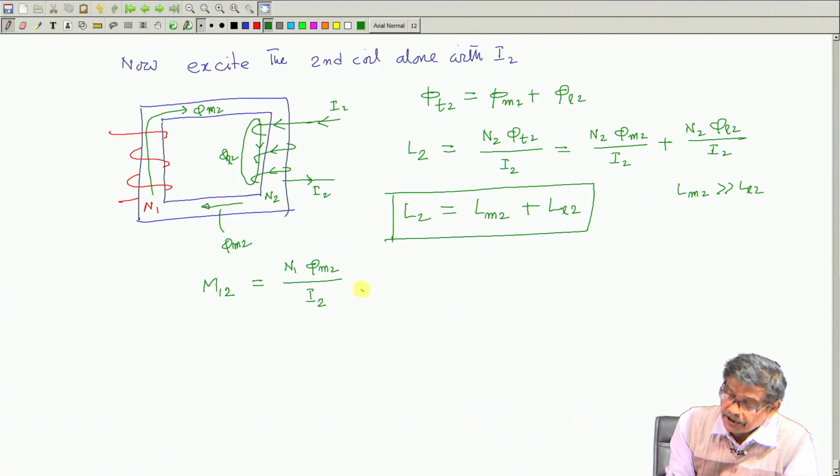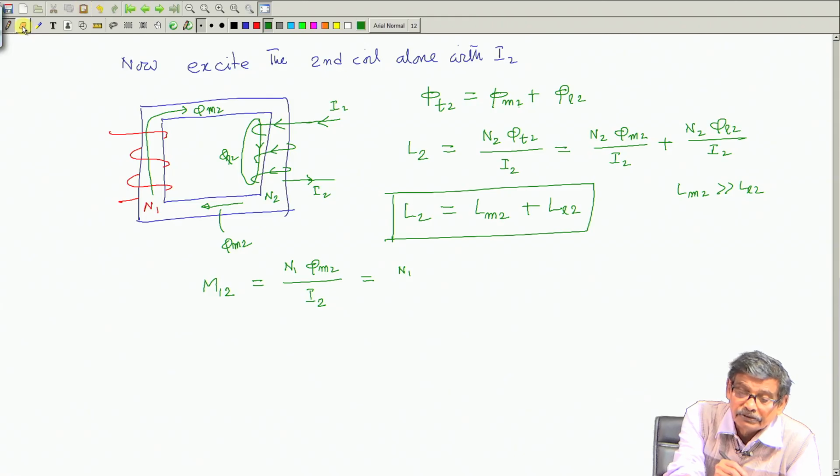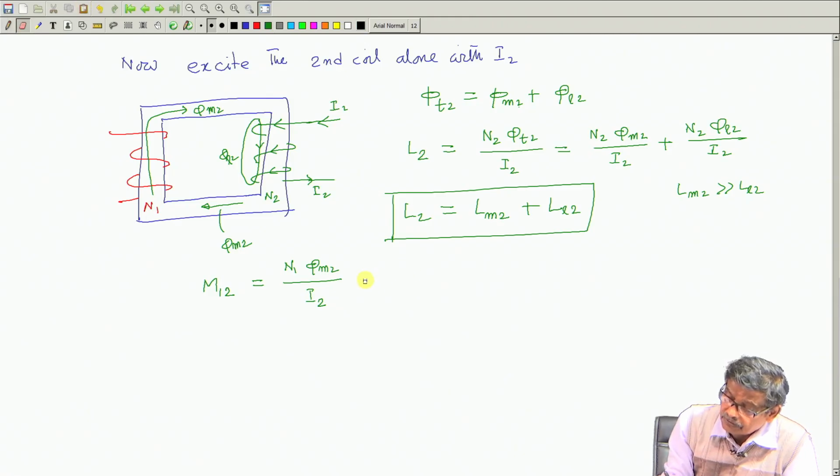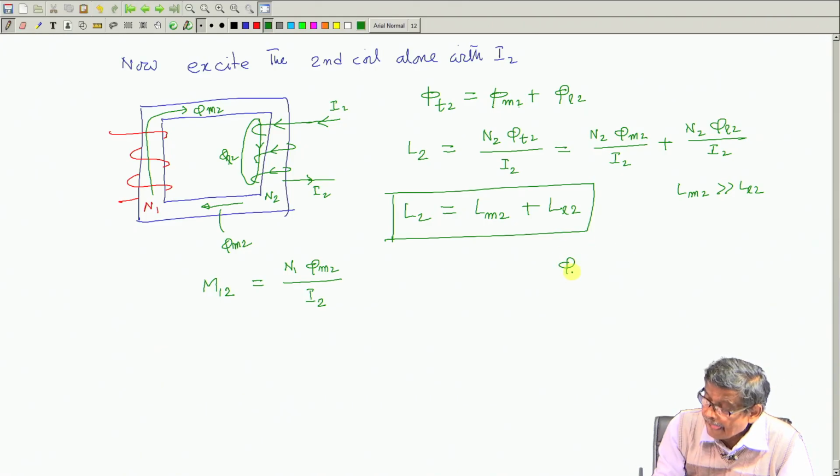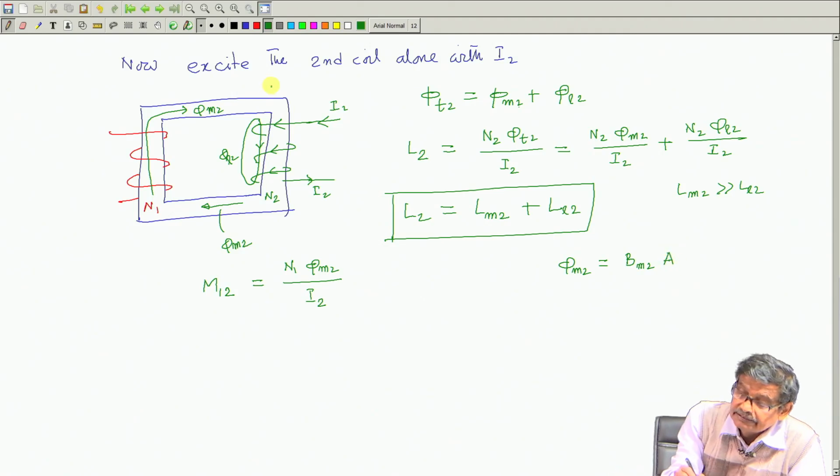Now, in the same way, let me also calculate how to find phi m 2. You see phi m 2 will be equal to B m 2 into A, the cross sectional area of the core.